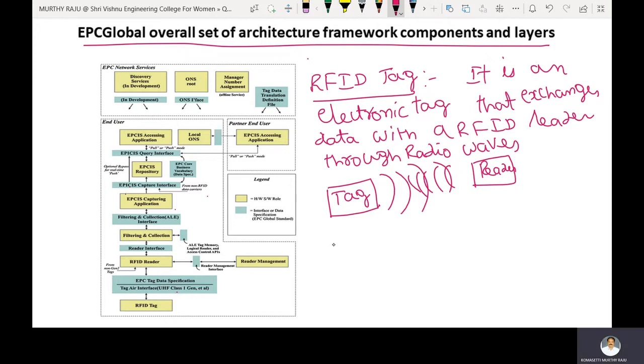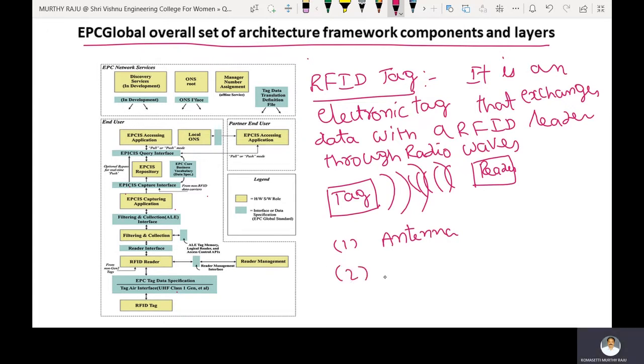Most of the RFID tags are made up of at least two main components. The first component is an antenna, which receives radio frequency waves.